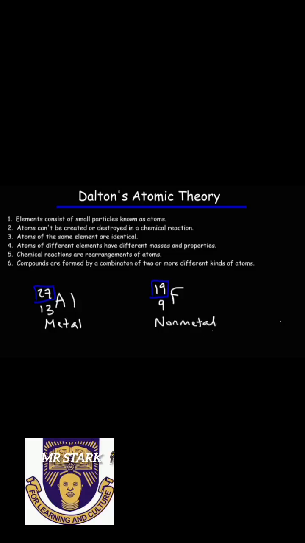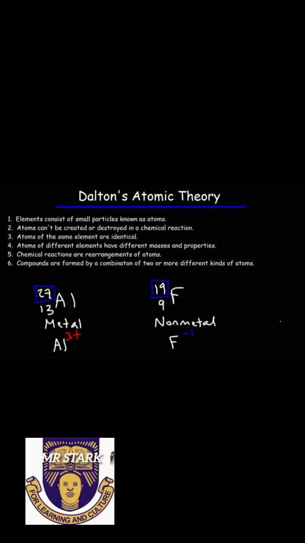And like other metals, aluminum wants to give away electrons. When it gives up its 3 valence electrons, it will form a cation. A cation is an ion with a positive charge. Fluorine, being a nonmetal, likes to acquire electrons. It's an oxidizing agent. When fluorine acquires 1 electron, it will form an ion with a negative charge.